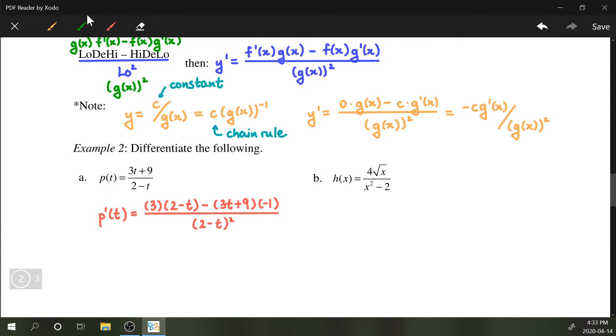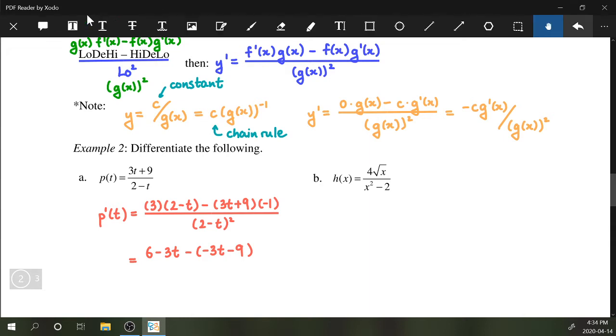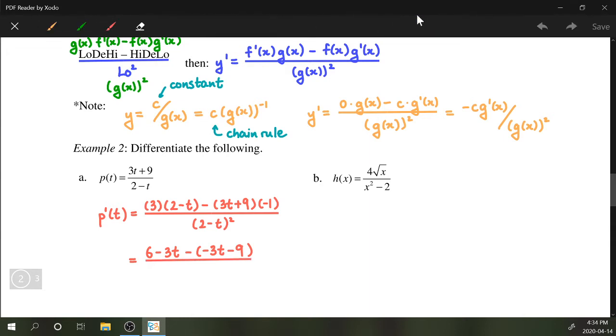Okay, so from there, we can multiply things out a little bit and try to simplify this as best we can. So we have 6 minus 3t, and then minus negative 3t minus 9, all over 2 minus t squared. If you're not sure where the negative signs are coming from, we simply distributed the negative 1 through the set of parentheses that's around 3t plus 9.